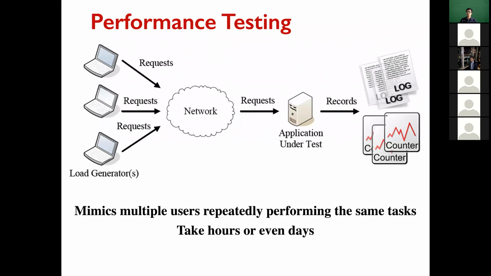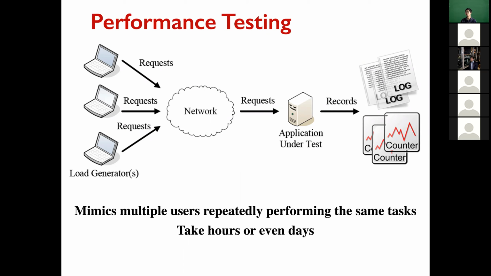Here we have a visual concept of what performance testing is. First, we have a load generator. This load generator can send requests to our systems through the network. Load generators can be actual users using the system or computer-simulated loads.